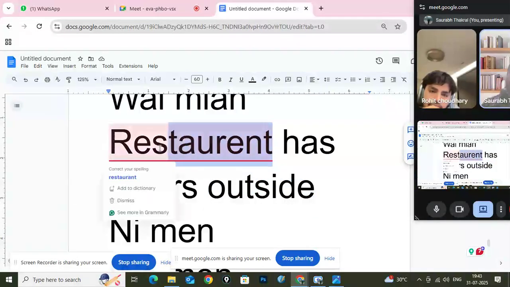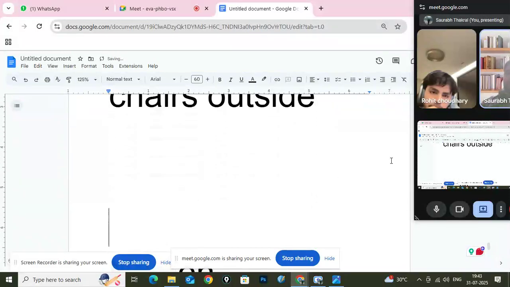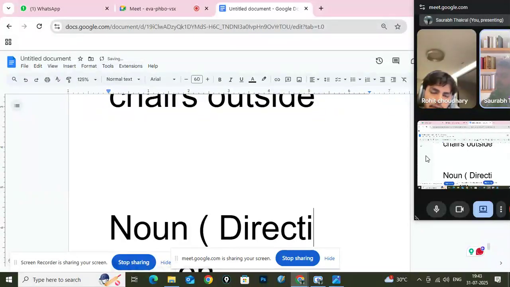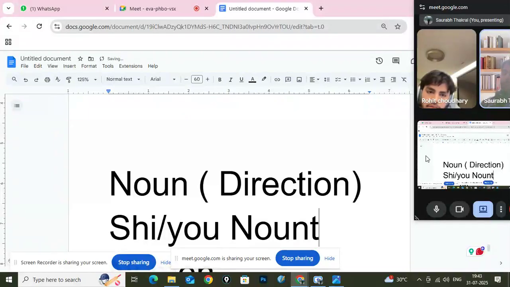So first we have to take this noun, add the direction. So this would become noun, direction, and then we can either use shra or we can use yo and tell the second noun.